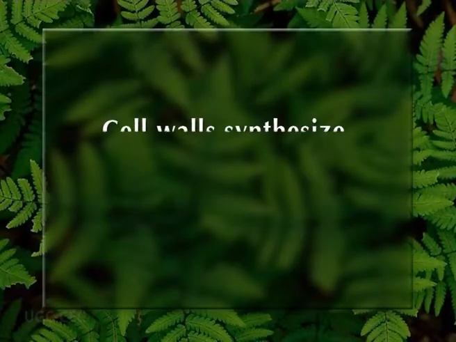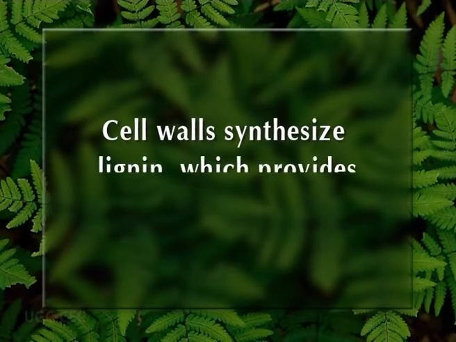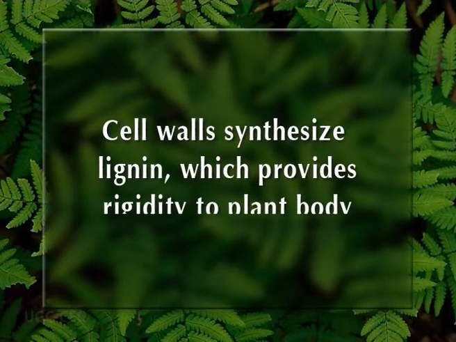Also, in the vascular plants, the cell walls synthesize a complex polymer of phenolic compounds called lignin, which provides rigidity to the plant body in order to reach great heights. Presently, a number of groups of plants are recognized, both living and extinct.